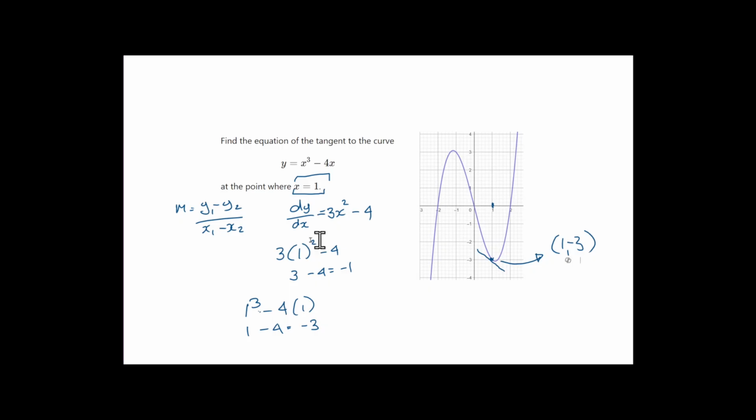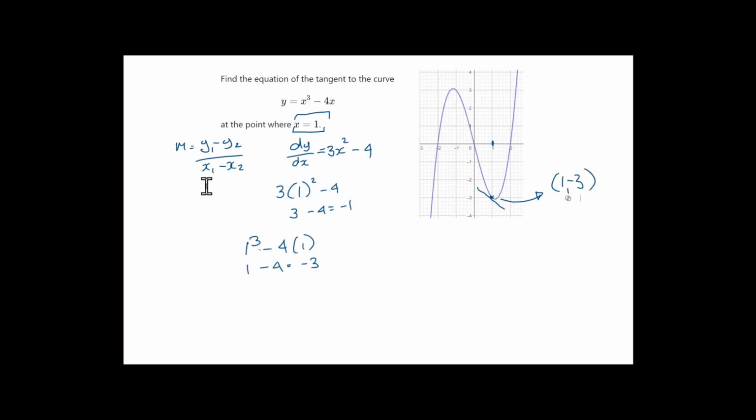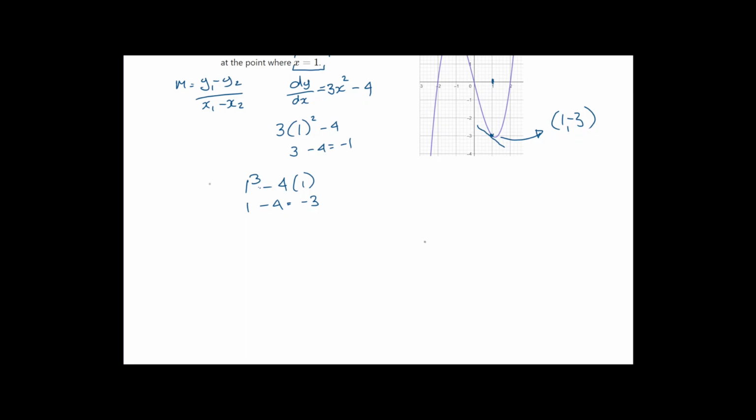And now we know the gradient. We know one of the points. So our formula for finding that is y minus y1 equals m times (x minus x1). So y1 is going to be negative 3, so y minus negative 3 is y plus 3, and it's going to be equal to negative 1 times (x minus 1).